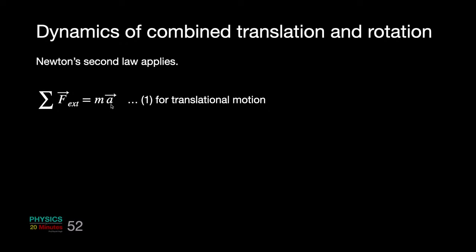Now this is a vector equation, so this equation will have three components. So the sum of the x components of force will give me the x component of acceleration. The sum of the y components of force will give me the y component of acceleration, and so on and so forth.